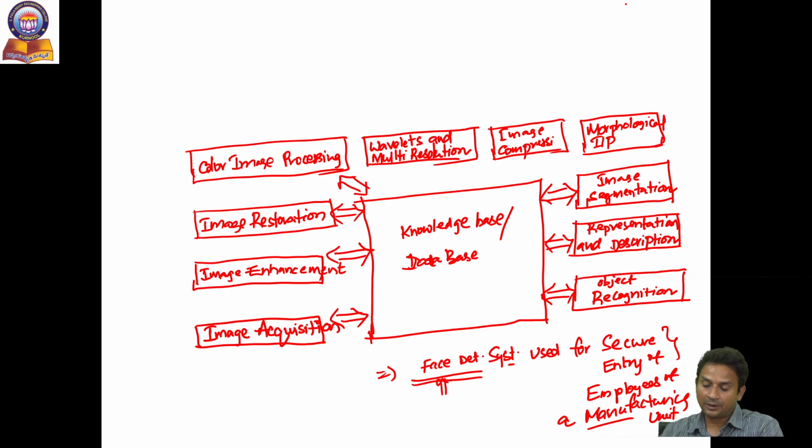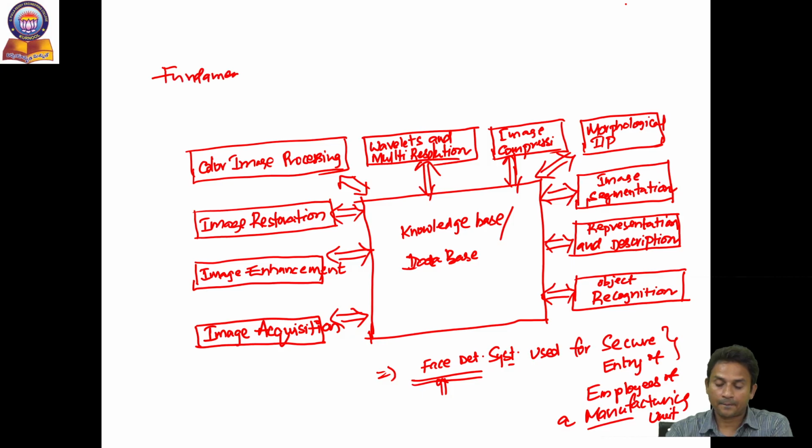So the knowledge base plays a crucial role in any image processing system design. All these blocks will be interconnected to the knowledge base or database. Right. So this is how we'll be designing the image processing system, and these are the fundamental steps in image processing.